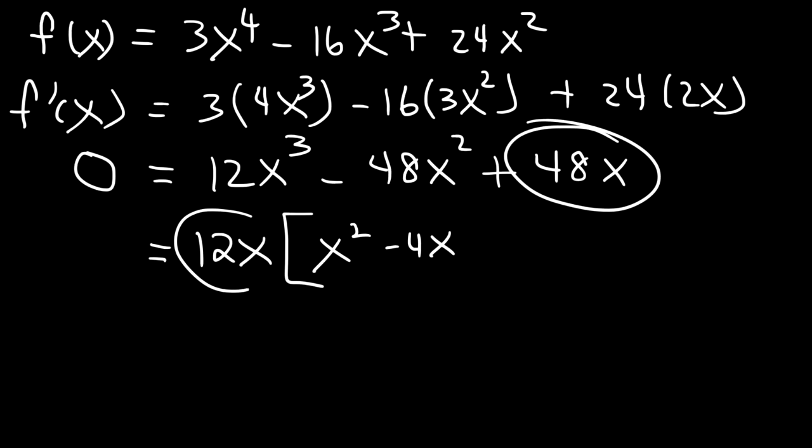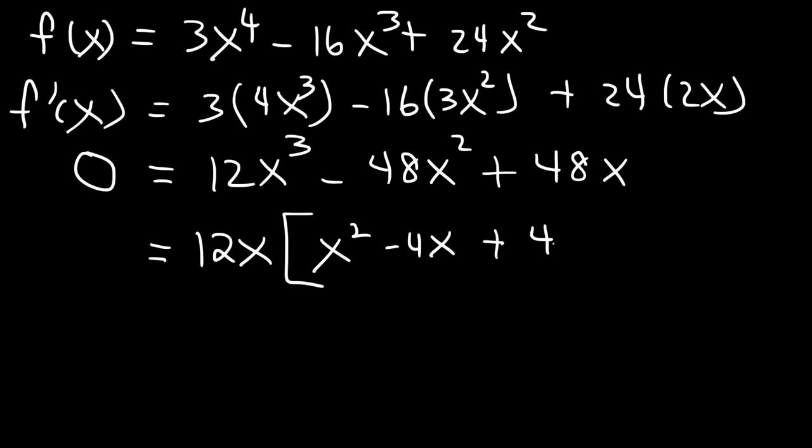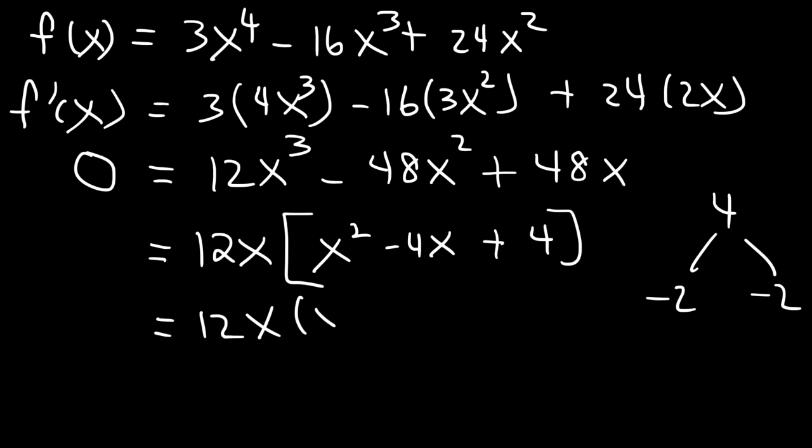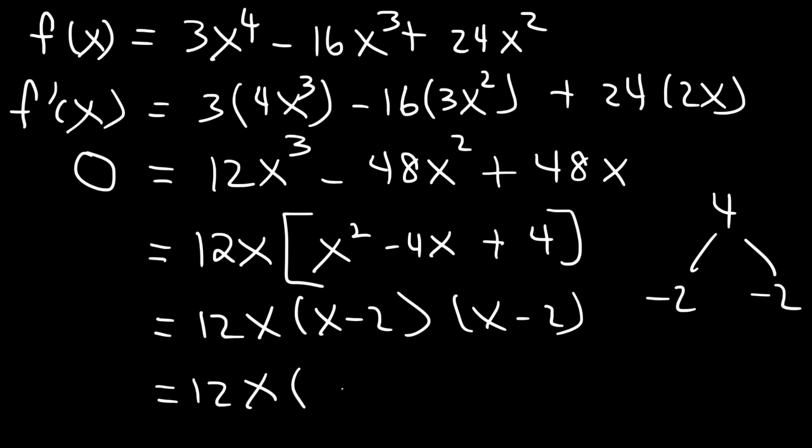And 48x divided by 12x, that's going to be 4. So now what two numbers multiply to 4 but add to negative 4? So this is going to be negative 2 and negative 2. Negative 2 plus negative 2 is negative 4, but negative 2 times negative 2 is positive 4. So we have x minus 2 times x minus 2. So we can rewrite this as 12x times x minus 2 squared.